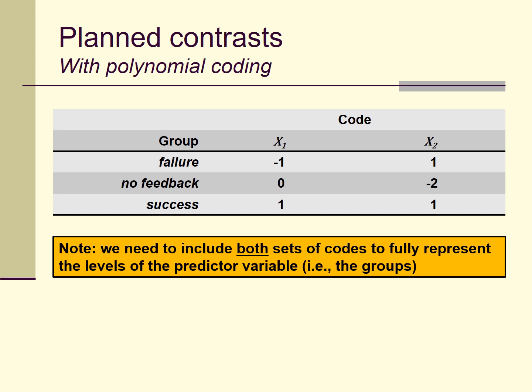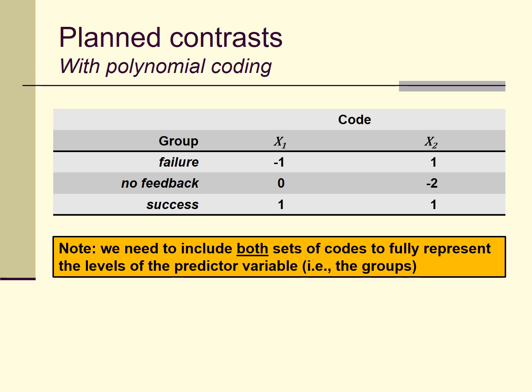When we run this analysis in regression, we need to enter both sets of codes to fully represent the levels of the predictor variable. So let's imagine you really only cared about that first linear trend. You didn't make that second hypothesis about the quadratic trend. Your coding, -1, 0, and 1, is now slightly incorrect or incomplete.